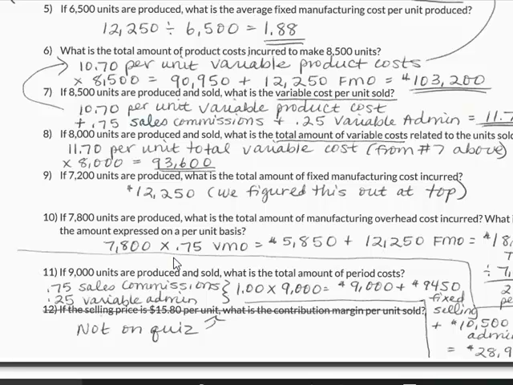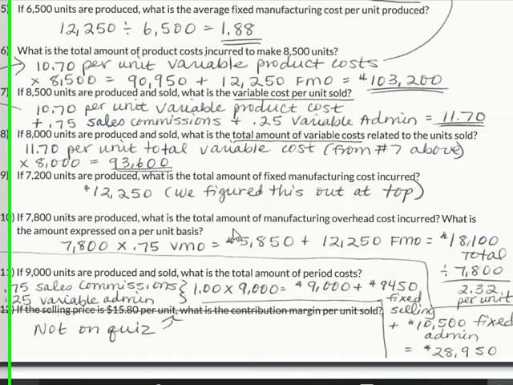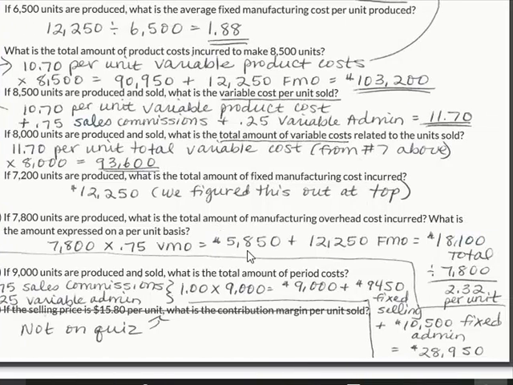In question 10, it asks for the total amount of manufacturing overhead if 7,800 units are produced. So let's deal with the variable and fixed overhead separately. The variable manufacturing overhead is 75 cents per unit. We multiply that by 7,800 units produced to get the total variable manufacturing overhead.